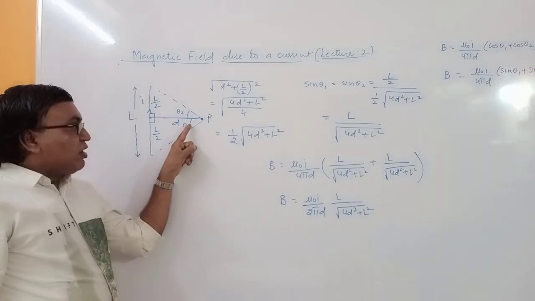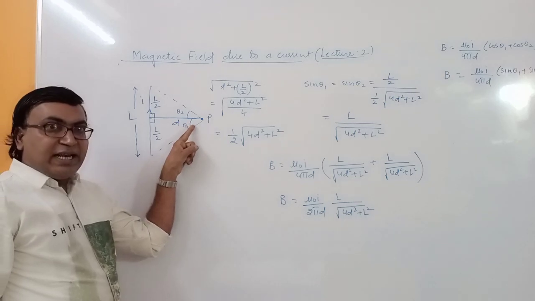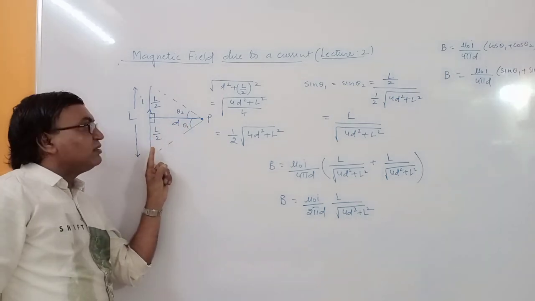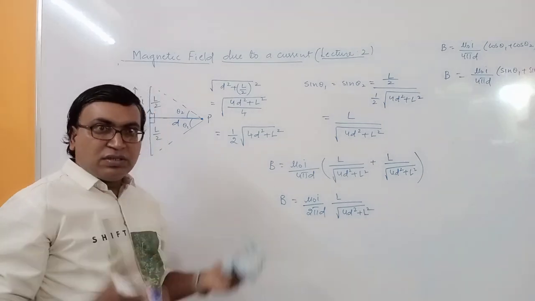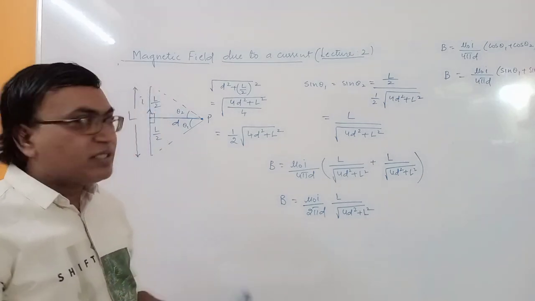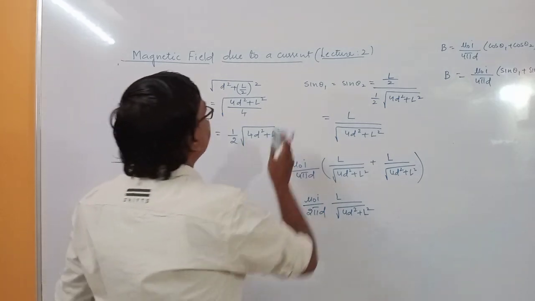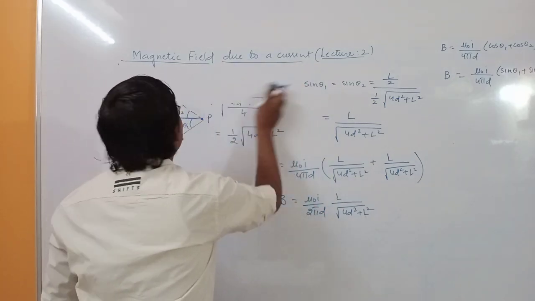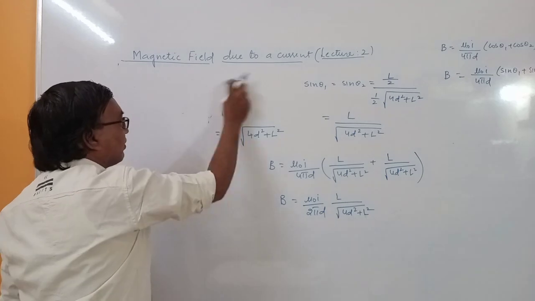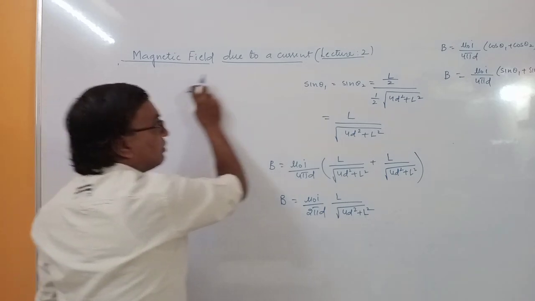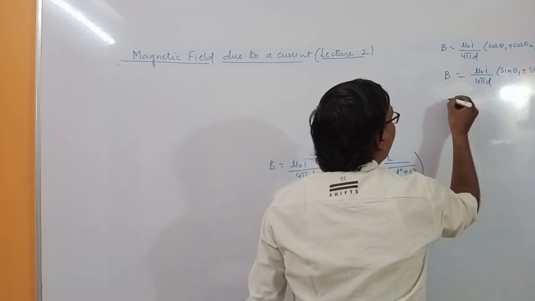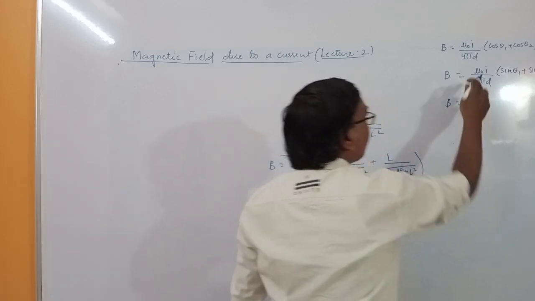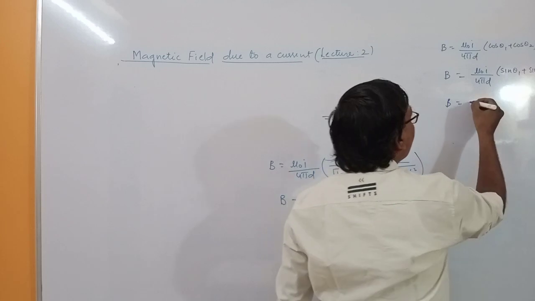When you are considering cos theta 1, you will not consider this angle. You will consider this angle. Then again you will have the same value. Okay. So sine of 90 minus theta is cos theta. So this can be used as a formula if you want, otherwise you can use the general formula, it is your wish.